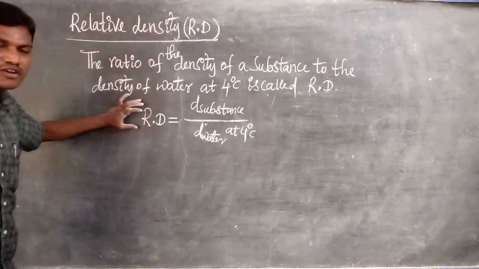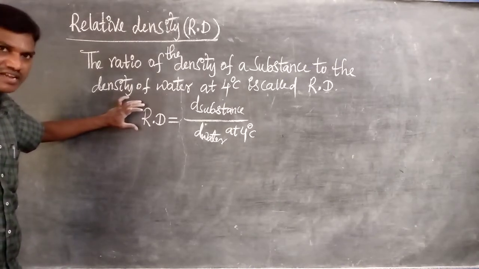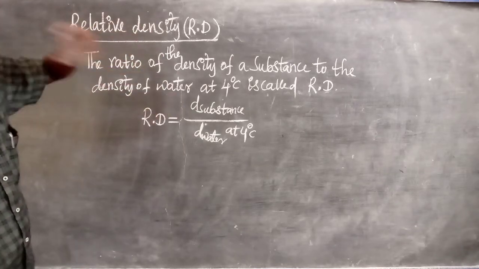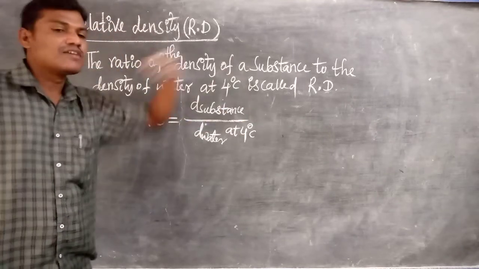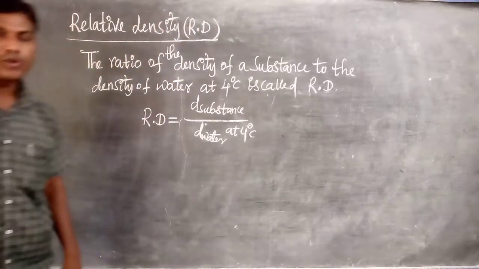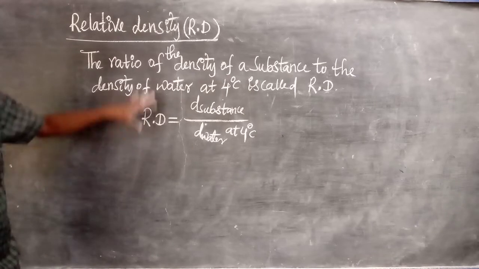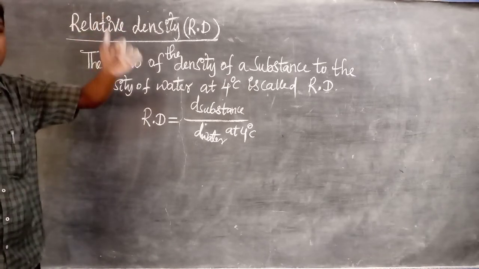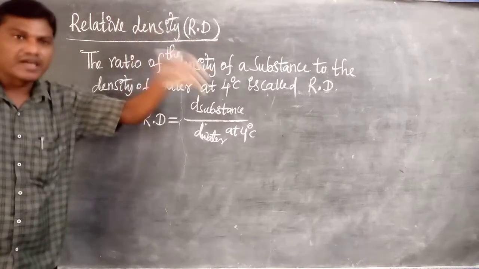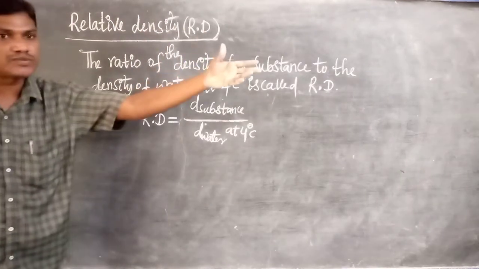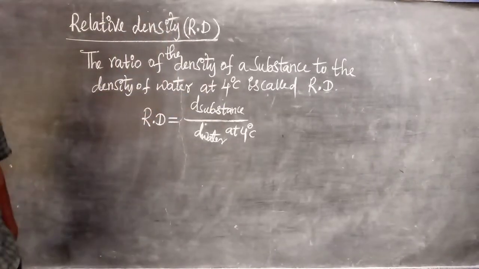Already in our previous video we discussed very clearly that with the help of water only, we can easily say which objects sink and which objects float, based on the density of water only. So relative density is nothing but the relation of other liquid or other substance, either solid, liquid or gas, with respect to water.